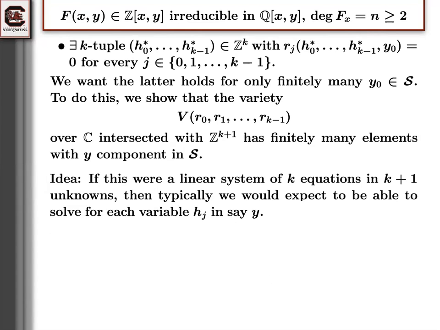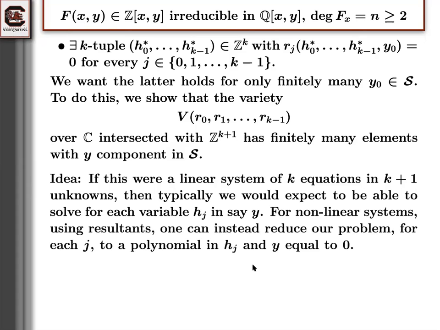And so if you use resultants instead, or a Gröbner basis, which boils down to the same thing, you'll be able to reduce the problem to, instead of h_j being in terms of y, a polynomial in h_j and y equal to 0. So you end up with curves, one for each j, where the curve is some polynomial in h_j and y equal to 0.